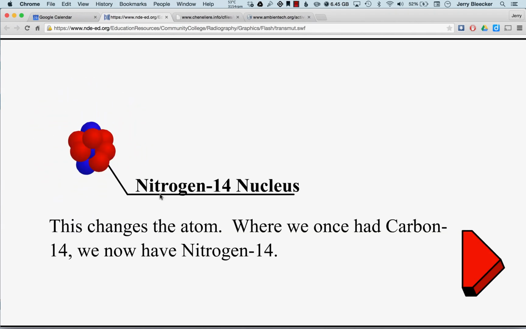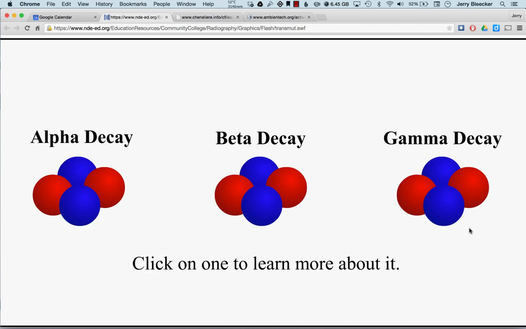And in this case, carbon becomes nitrogen, and its weight is 14. You see, the weight here hasn't changed. When a neutron becomes a proton, it still weighs the same, but it emits that high energy particle. So this is now nitrogen 14.